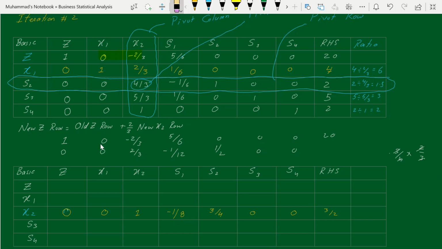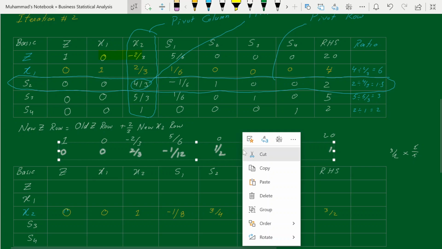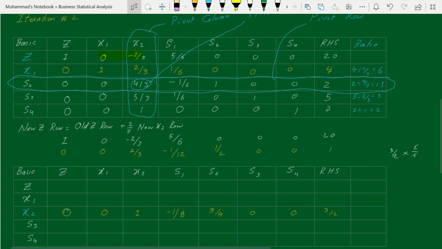Then we have 3 by 2 multiplied by 2 by 3, so it becomes 1. Now I think we can change the color for this line. Okay, now we can add it and get the new 0.